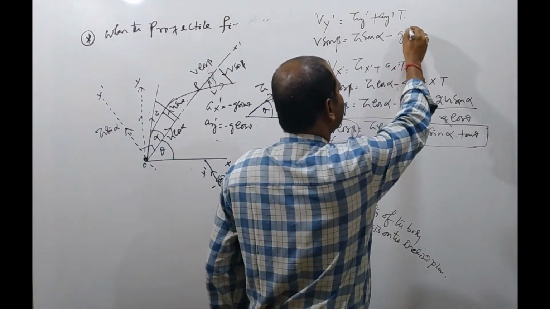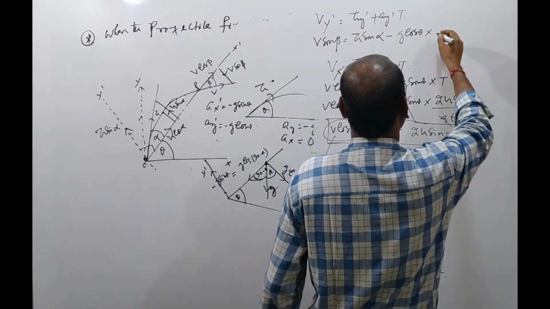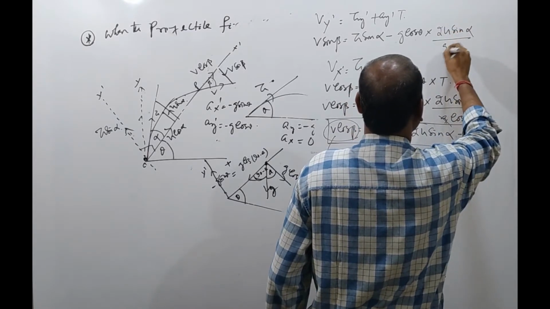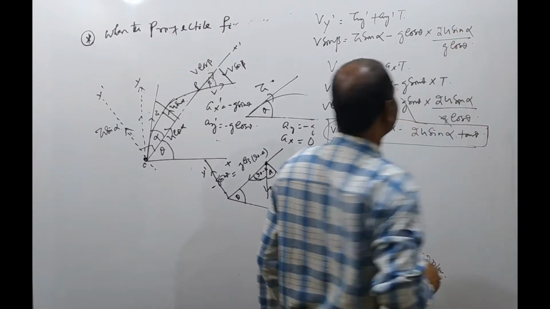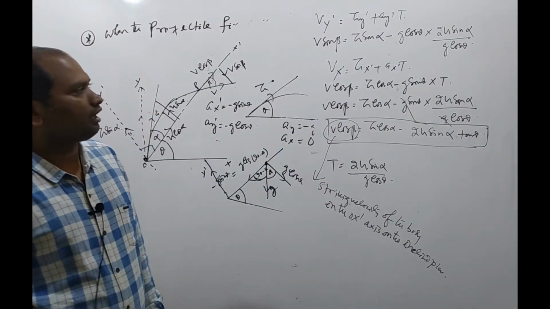So g cos theta into t is how much? 2u sin alpha divided by g cos theta.